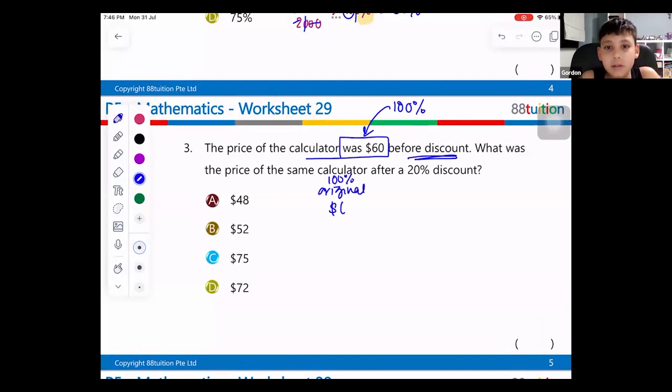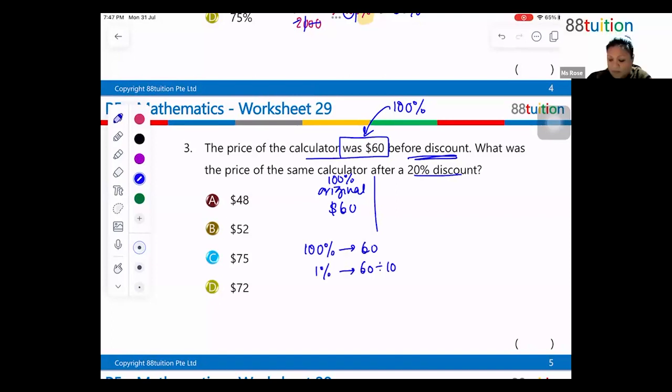So can I explain the question? Sure. So if $60 is 100%, if 60 is your 100%, you need to find out how much is 1%. 60 divided by 100 gives you how much?